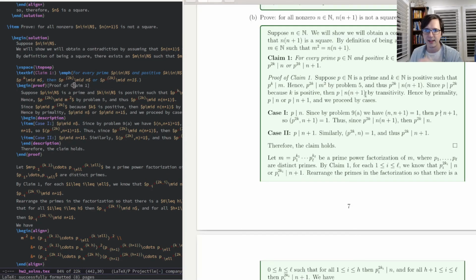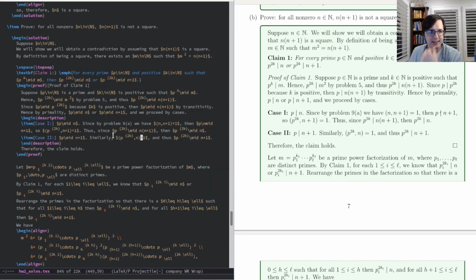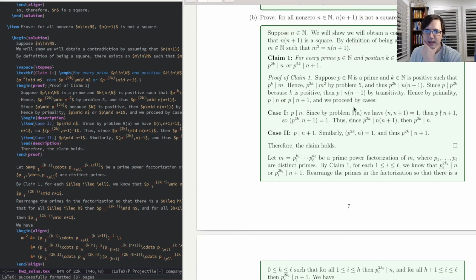Proof of claim 1. Okay, so we did that by supposing that we had a prime power that divided m, and then by a previous problem we could square it, and it divides this product, and then less strongly just the prime divides that product, and so by primality p divides one of them. And then, okay, cases.